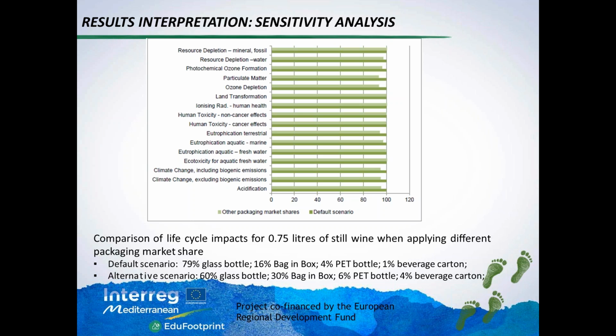So different scenarios, changing the percent of glass bottle, the percent of bag-in-box, the percent of PET, and the beverage carton. I can just look at the change I have in my environmental performances.